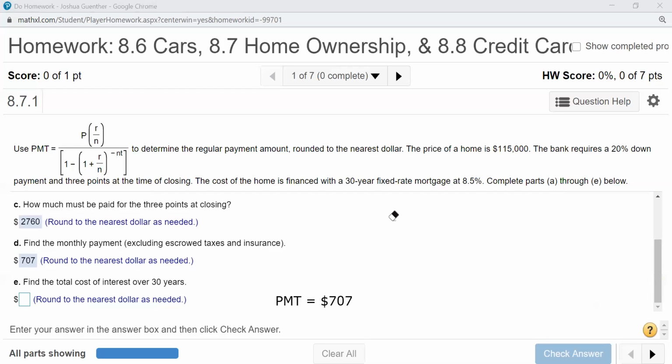You're off by a factor of 10. So check your PV and make sure you put 92,000 and not 9,200. Easy mistake to make. So now we're doing $707 a month times 12 months a year times 30 for 30 total years.